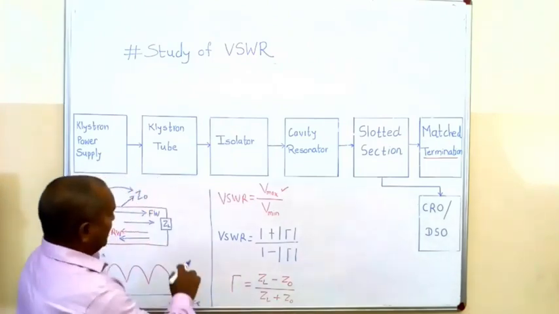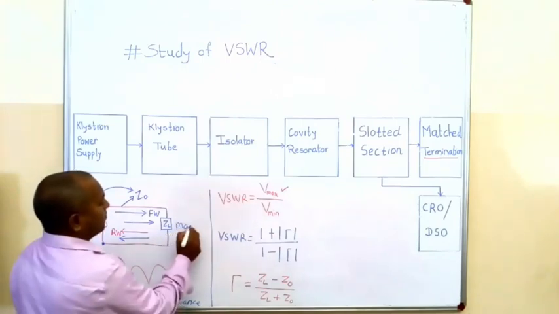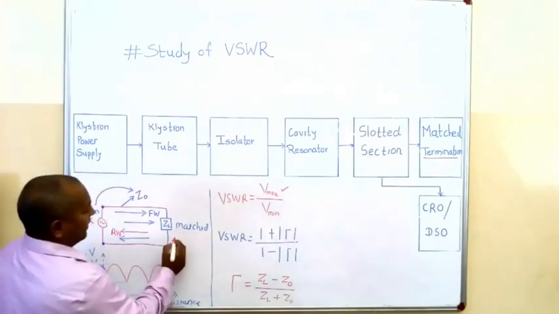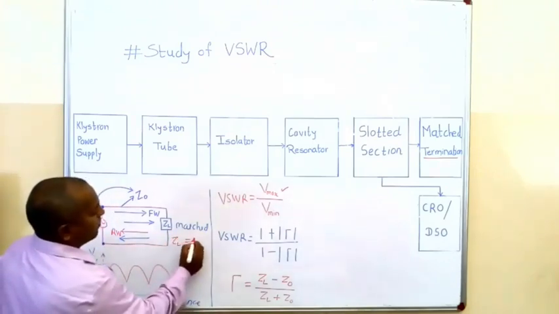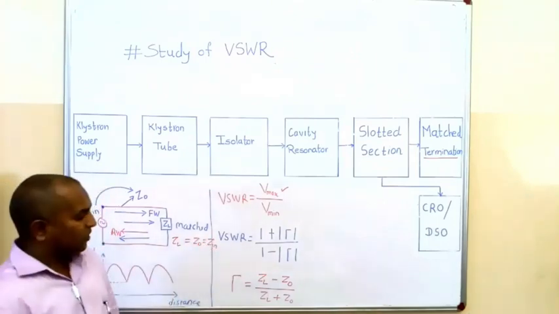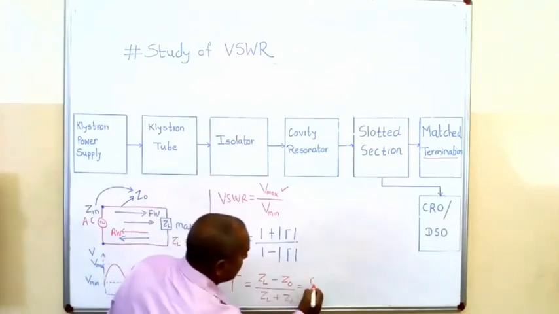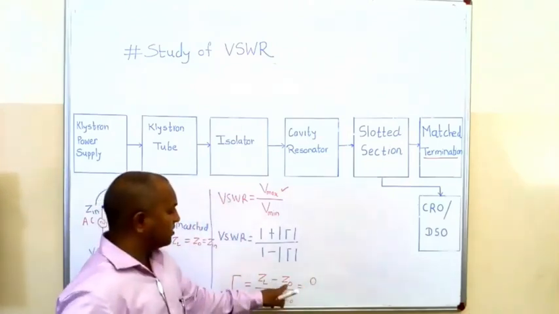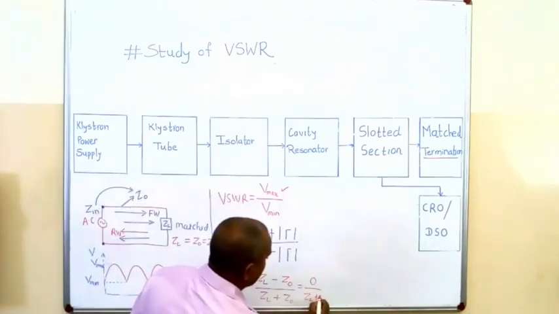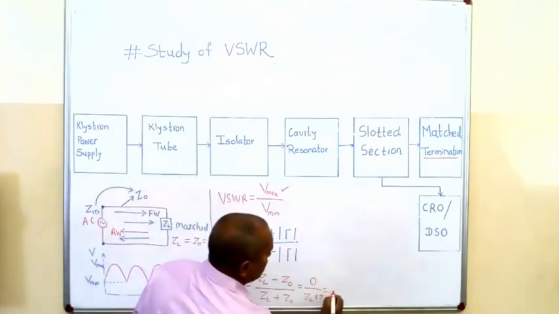When your ZL is perfectly matched with ZO, or we can say Zin, that time this portion becomes 0. ZL minus ZO becomes 0, and the denominator is some value like ZL plus ZO. So 0 divided by something is nothing but 0.